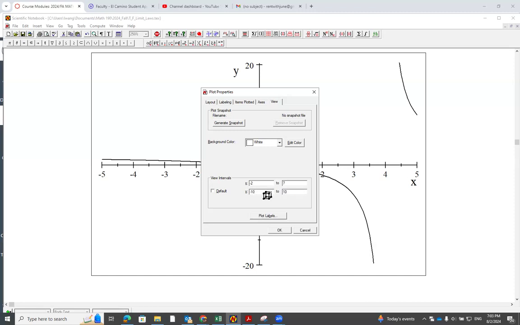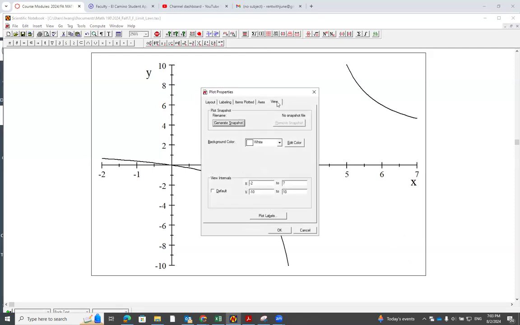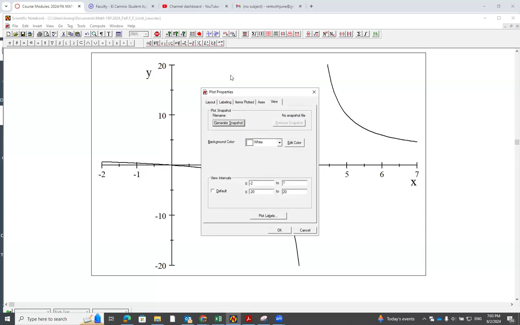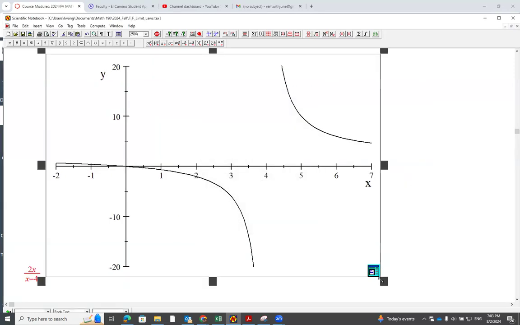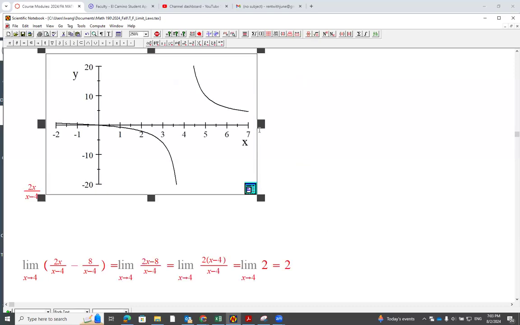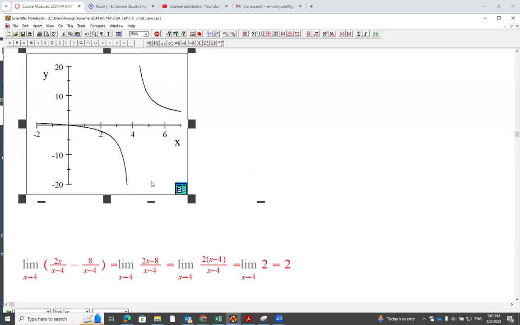So as x approaching 4, we certainly don't have a limit. I'm just going to make it a little bit easier for us to observe. And there's a vertical asymptote.